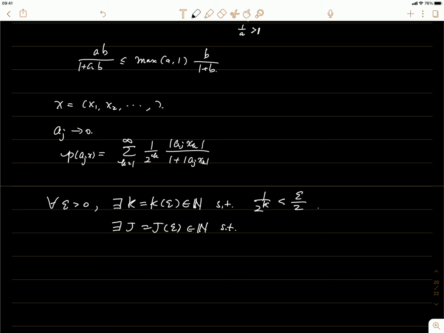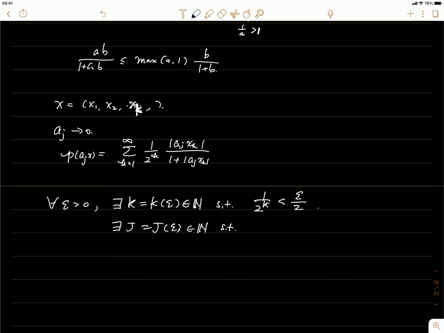And in this case, I know that for the first capital K terms, since the sequence is given, the sequence right here is given, right? So I know that up to capital K, these terms are fixed. The first capital K terms are fixed.